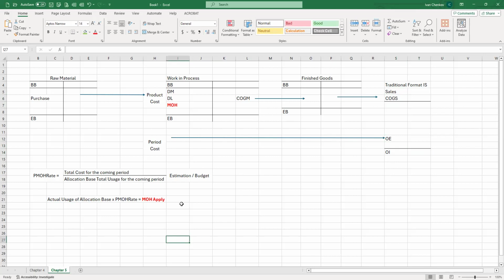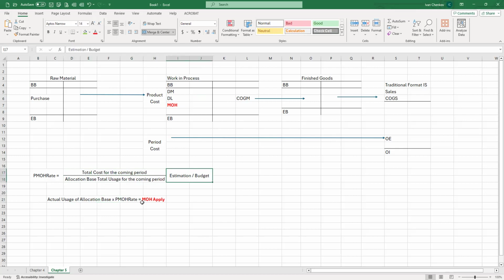So what's essential here for you is to know how to calculate direct material, direct labor, and manufacturing overhead. And for the manufacturing overhead, again, you have to understand that we have to come up with this predetermined manufacturing overhead rate in order to apply the manufacturing overhead. How are we going to come up with it? The total cost for the coming period that we're going to estimate, divided by the allocation base usage, the total usage for the same period.